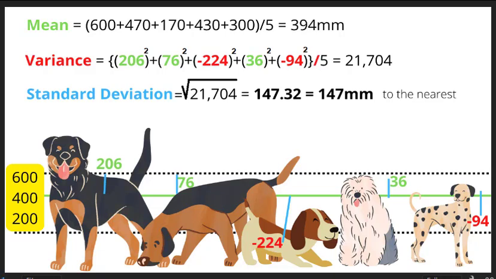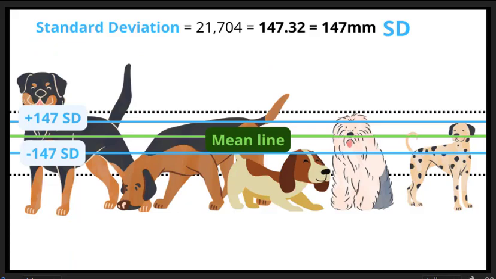So what is the use of the standard deviation? This is how you are going to use it. As we saw, the mean line is 394, the green line, and the standard deviation is 147, shown by the blue lines. The standard deviation is a very important metric.